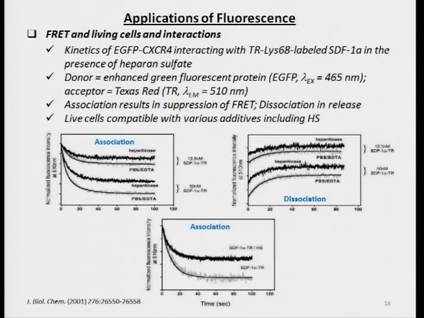Okay, these are two different concentrations. So if heparan sulfate was contributing, then you should see a dramatically different kinetics. It turns out, well, heparan sulfate doesn't do anything here. So it's not only in association, the same phenomenon is seen in dissociation.